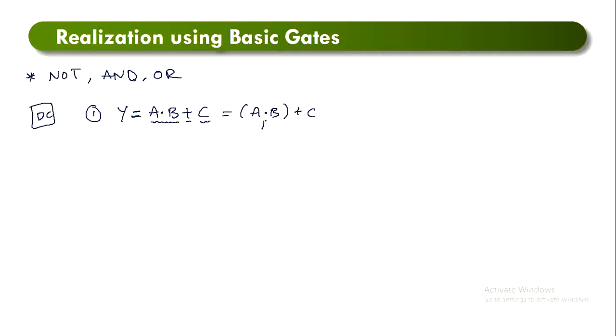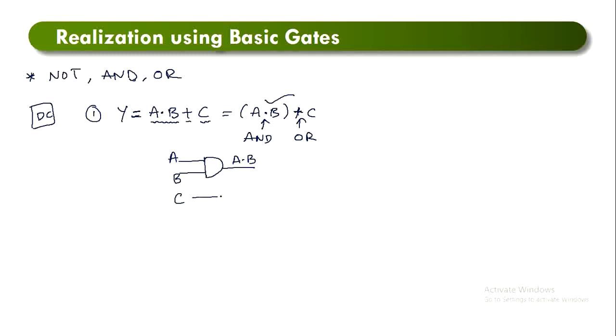What is the functionality for this dot? It is an AND functionality, logical AND. This plus carries OR functionality. So now we can write the circuit easily by using the two inputs. For one 2 input AND gate with inputs A, B, this gives A dot B. Now we got A dot B, we will be having plus C here.